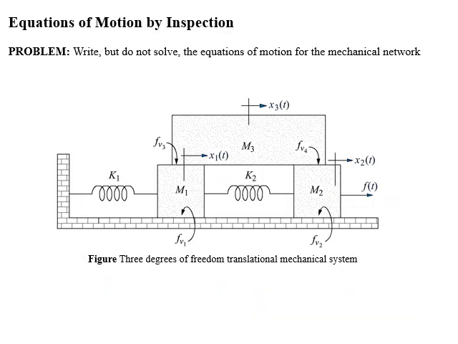Dear students, the next example is also based on equations of motion by the inspection method. In this problem, we have to find only the equations of motion for the given mechanical network. We'll start the solution by finding the degree of freedom. In this system we have three masses which can perform linear independent motion, which means that m1 can move freely if m2 and m3 are held stationary.